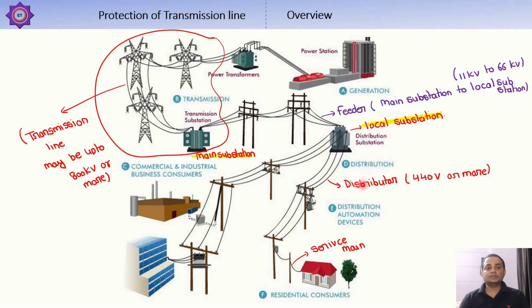And the distributor are line between local substation to the near surrounding. It may be on 440 volt or more. While service mains are line connected between our houses to tower. And transmission line is conductor or lines connected between generating station to the main substation. It may be up to 800 kV or more.